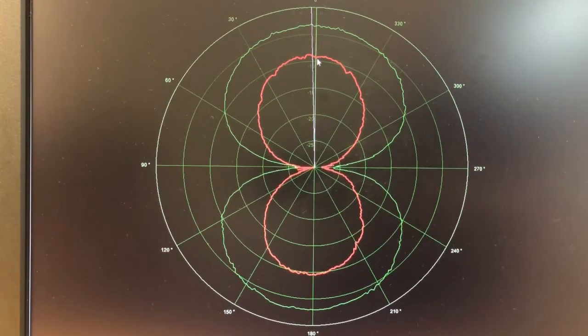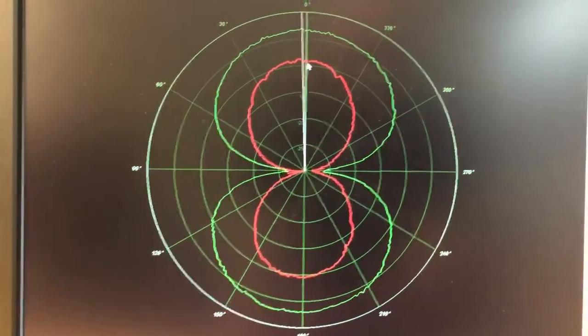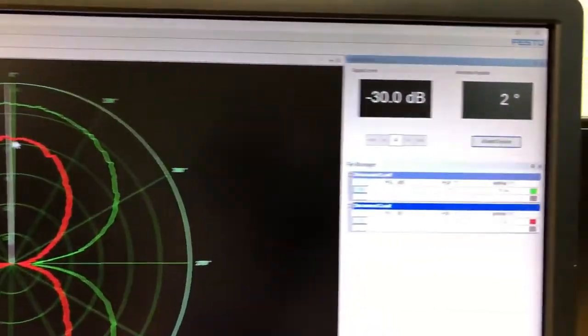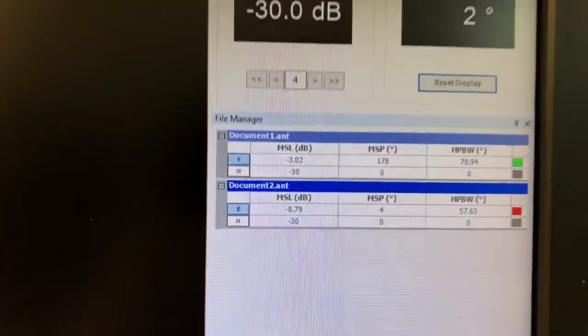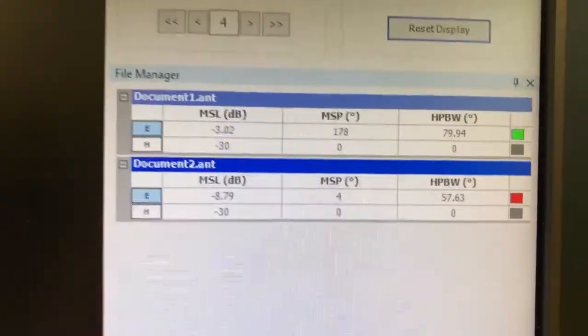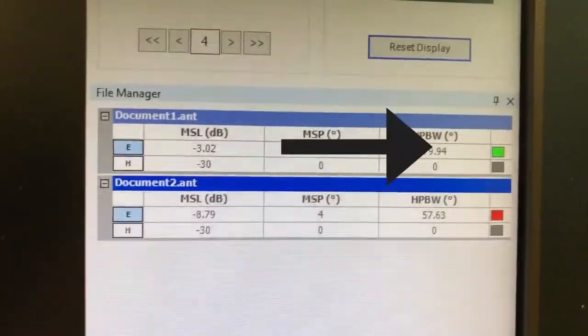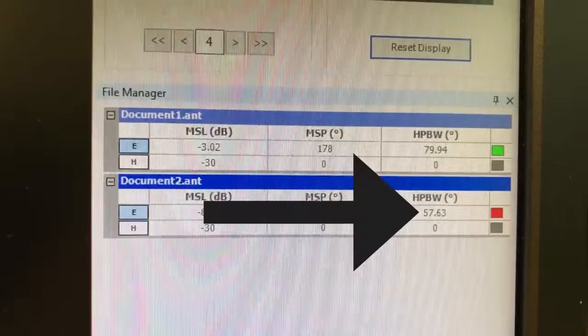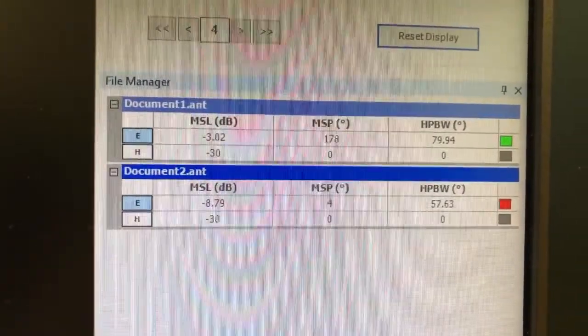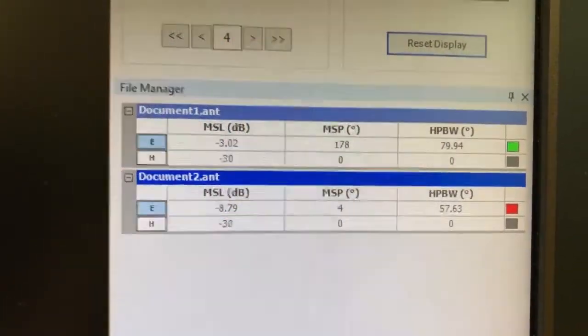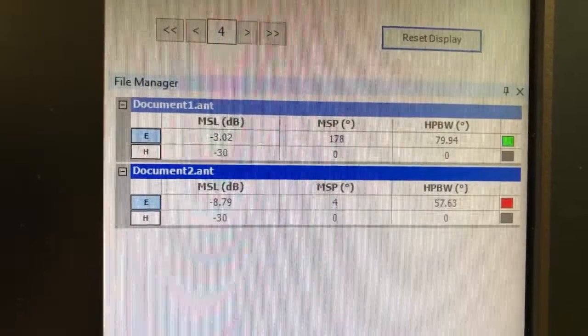So this experiment demonstrates that the 1 lambda dipole antenna is more directive. You can easily see that it's more directive. The estimated half power beam widths that we have here are 79.94 for the half wavelength dipole antenna and 57.63 for the 1 lambda dipole antenna.